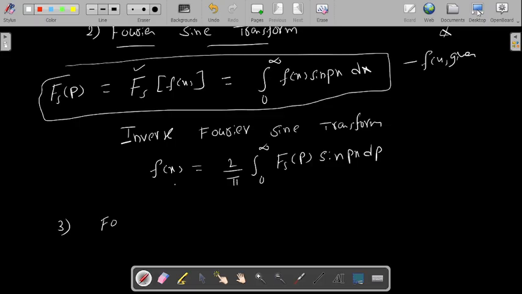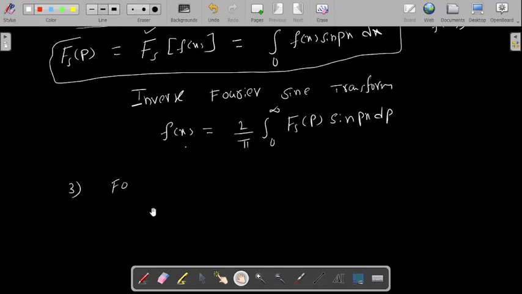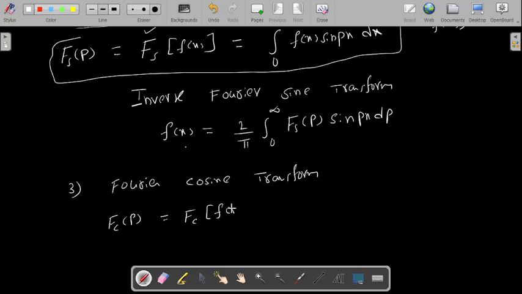My target is to discuss the question bank questions. So now the Fourier cosine transform. The Fourier cosine transform is denoted by F C of p, or you can call it F C of f of x.